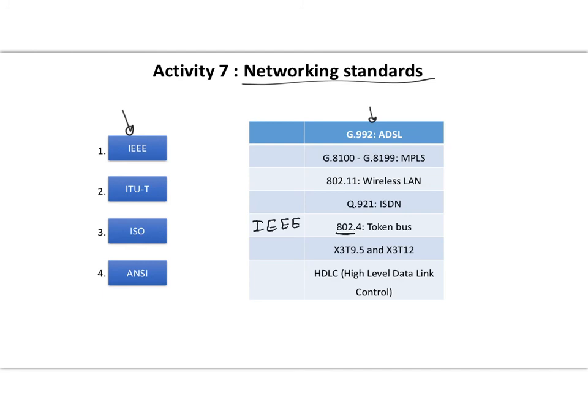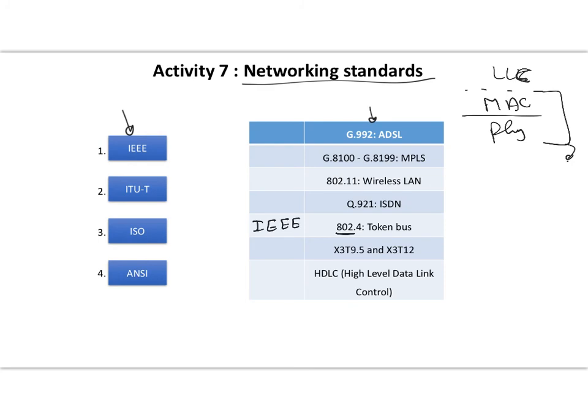Remember here that, as we said before, the logical link control is medium independent. And then the MAC layer and the physical layer, they are both medium dependent, right? And they are done in hardware. So that's why IEEE develops the standards for the network access layer, physical and data link layer, both.